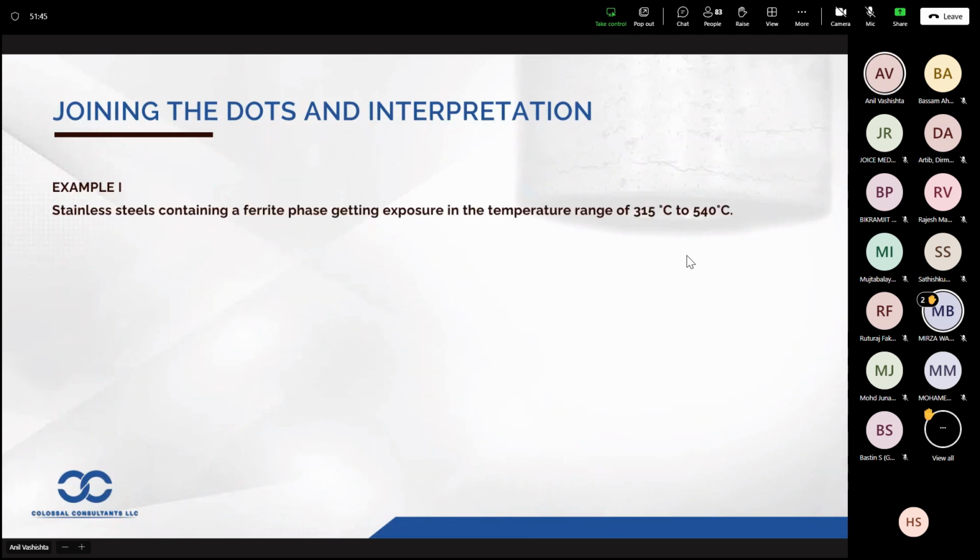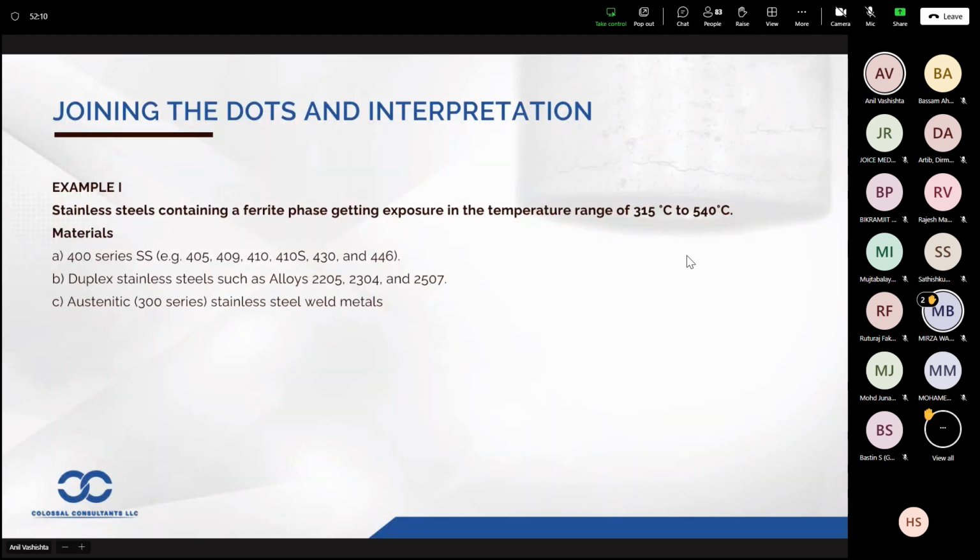First example, a component which has failed is stainless steel, and you come to know that the exposure and operating temperatures were between 315 to 540 degrees centigrade. This information you get from background. Then the material is a 400 series SS, or a duplex stainless steel, or austenitic stainless steel.